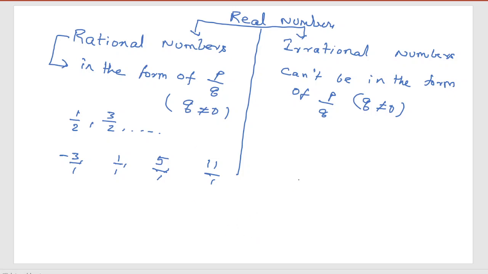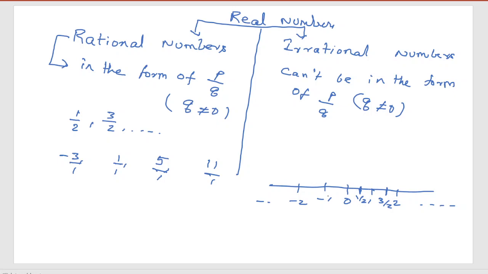If you recollect the number line again, there is a 0, 1, 2 and so on, and minus 1, minus 2 and so on. The rational number 1 by 2 is between 0 and 1, and 3 by 2 is between 1 and 2. Keep in mind that between 0 and 1 there are infinitely many rational numbers, and between 1 and 2 there are infinitely many rational numbers.